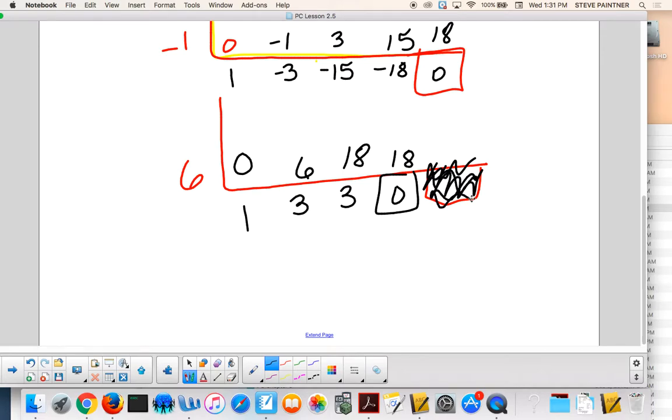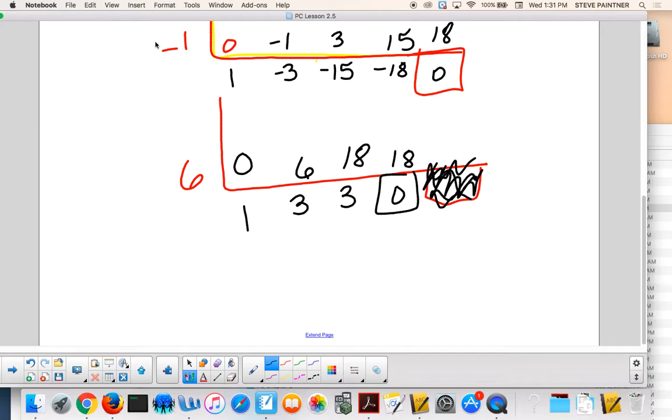I got 6 to work. I hope I'm not showing you the answer. Okay, so now I got 3 numbers. If you get to 3 numbers, all you have left is a quadratic factor.